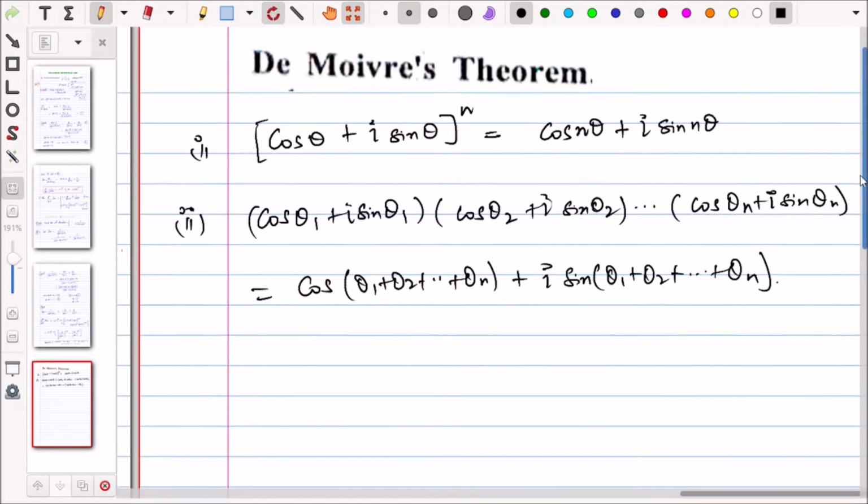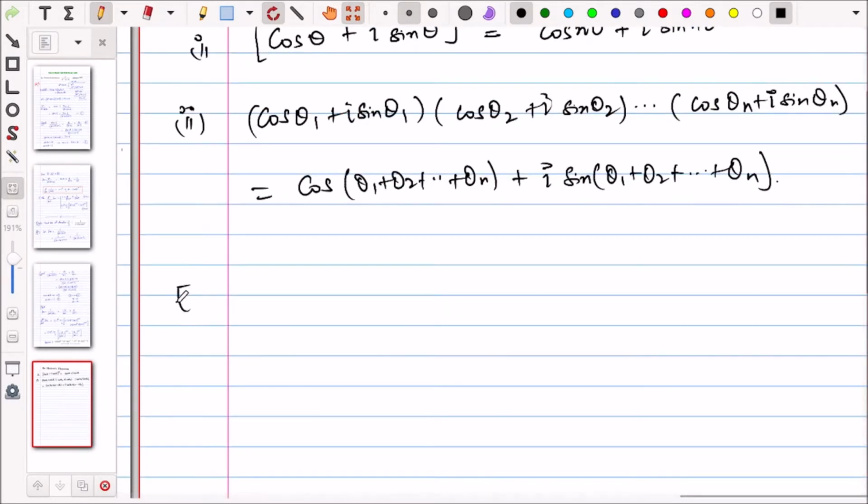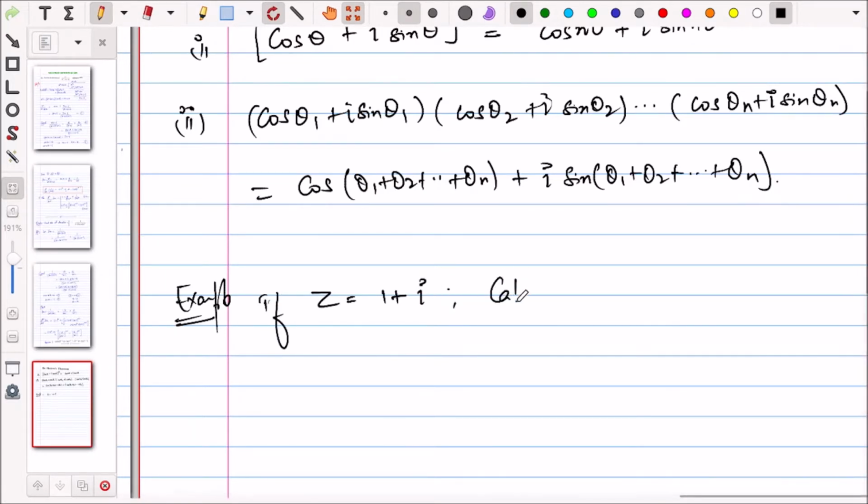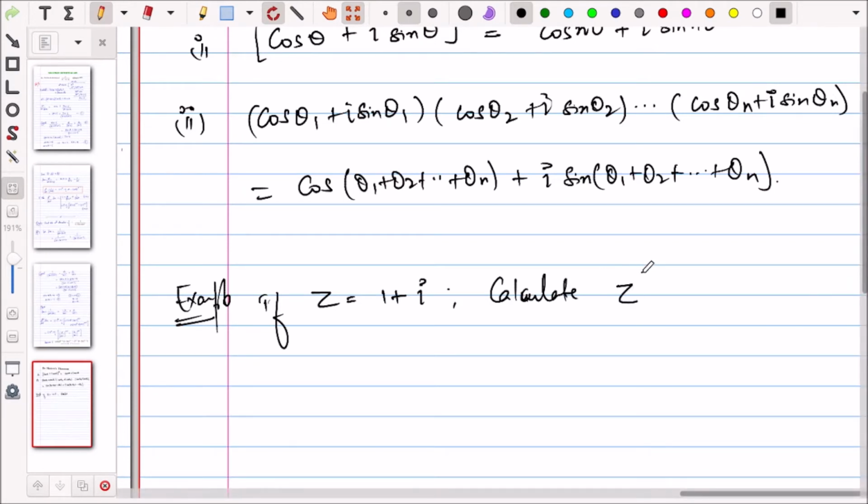For example, if I have z equal to 1 plus i, and the question is, if z is equal to this, calculate z to the power 20. Now, applying the power to this directly is very difficult, right?